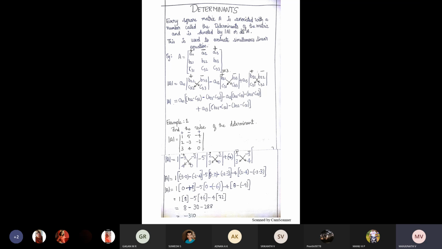Close the square bracket. Next, it is plus A13, and follow the arrow marks down: B21 into C32 minus B22 into C31. If you have some numbers here, you can just multiply and subtract, and there you will get the determinant. Follow the rule of multiplication.